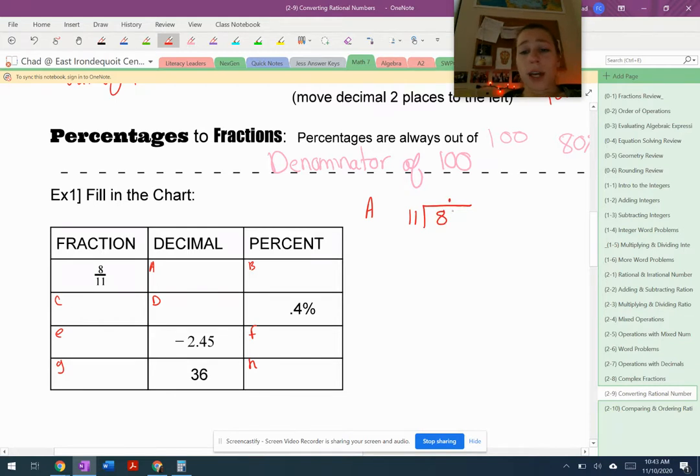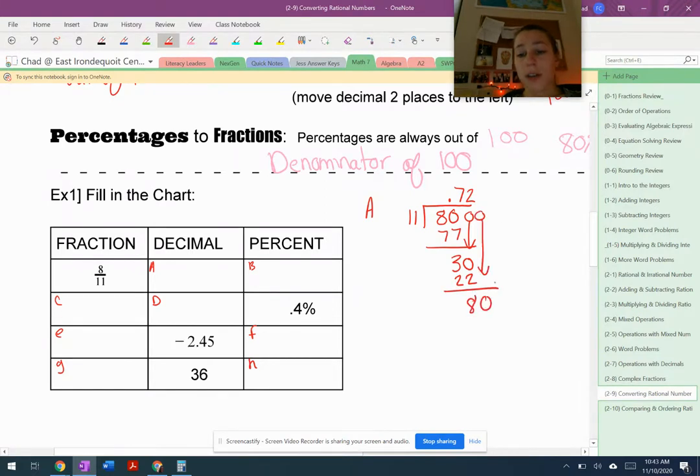11 doesn't go into 8, but it does go into 80 7 times, because 7 times 11 is 77. 80 subtract 77, there's 3, bring down another 0. 11 goes into 30 twice, and that's 22, with 8 left over.